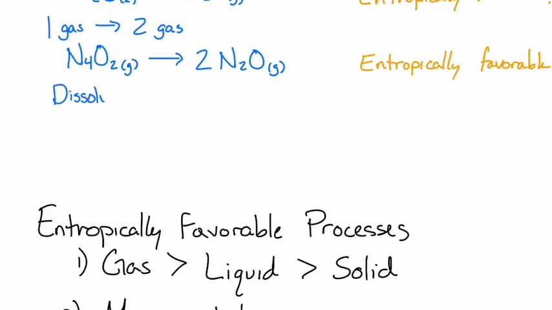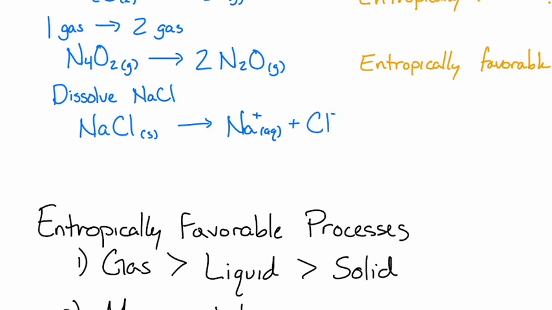All right, what about if I dissolve sodium chloride? I take solid sodium chloride and I mix it with water so that I have sodium ions and chloride ions. All right, is dissolving that solid to create this aqueous solution creating more order or more disorder?